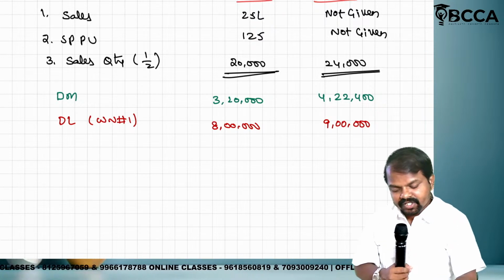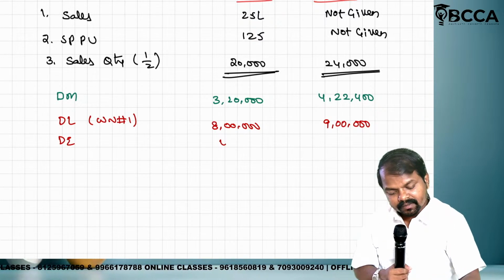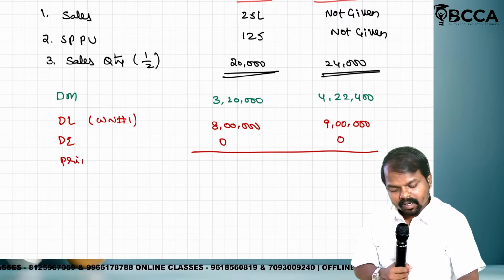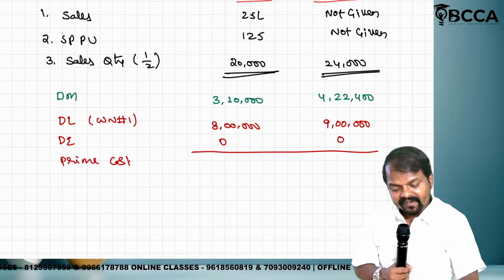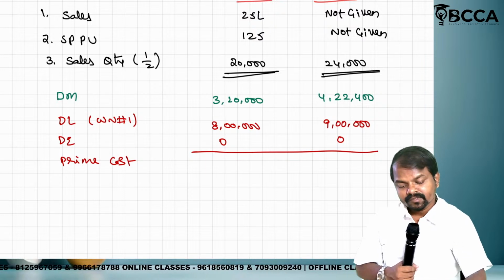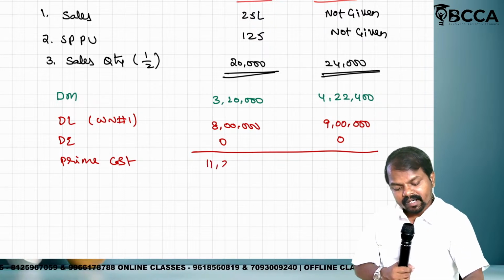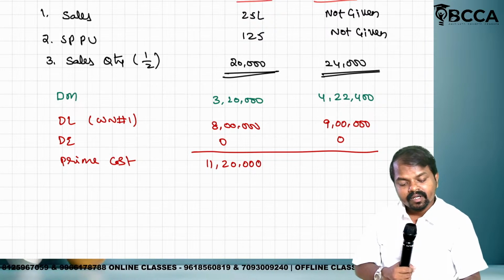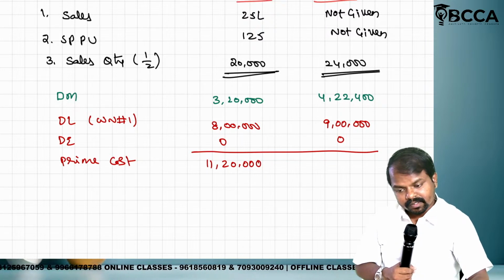Next, direct expense. Please check. Not given. Prime cost: what is the prime cost, my dear friend? Please take the calculator. 11 lakh 20,000. Here, 13 lakh 22,000.